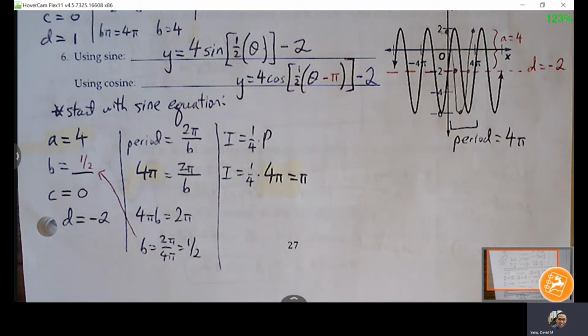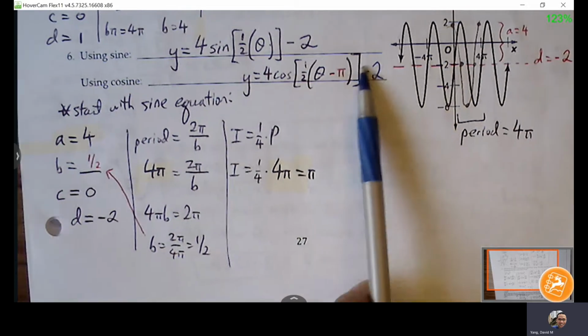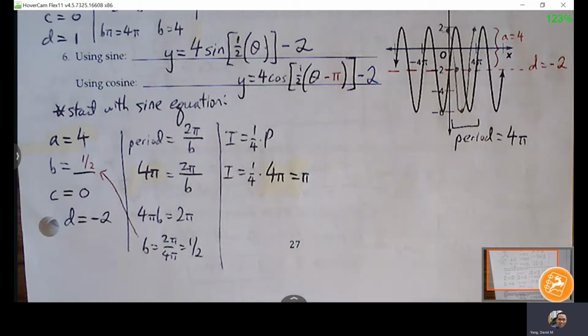Guys, on my key, I think I accidentally left off -2. Sorry about that. I mean, we could do both. It literally doesn't matter.